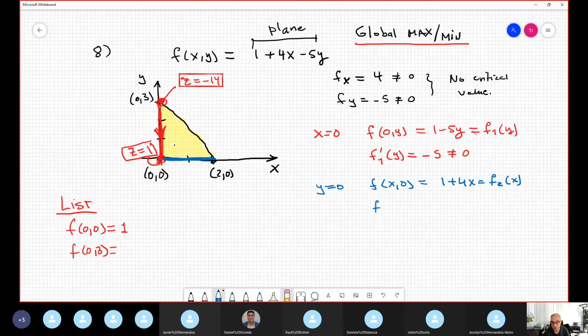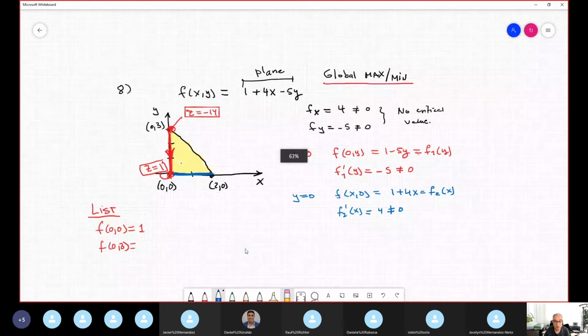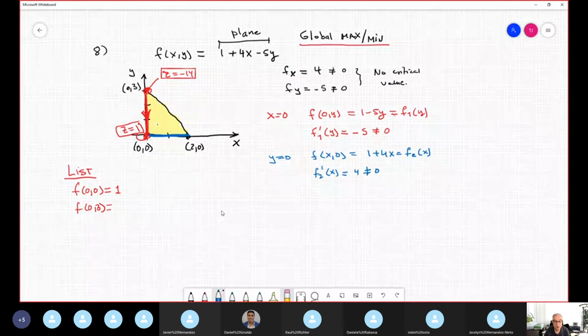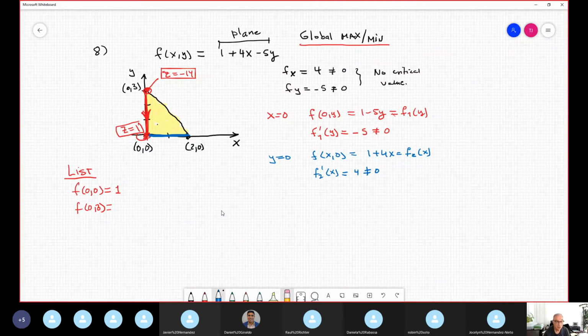When you differentiate this, because I want to investigate whether in the middle of this blue path we have a local maximum or minimum, the derivative is 4, and 4 never is 0. Again, because it's a plane. The function is a plane, everything is easy. And you evaluate in our list.